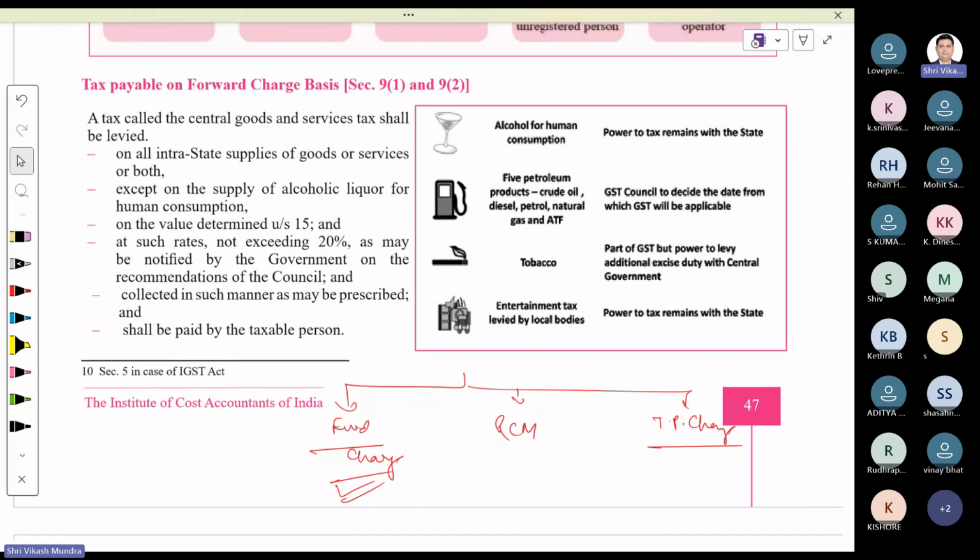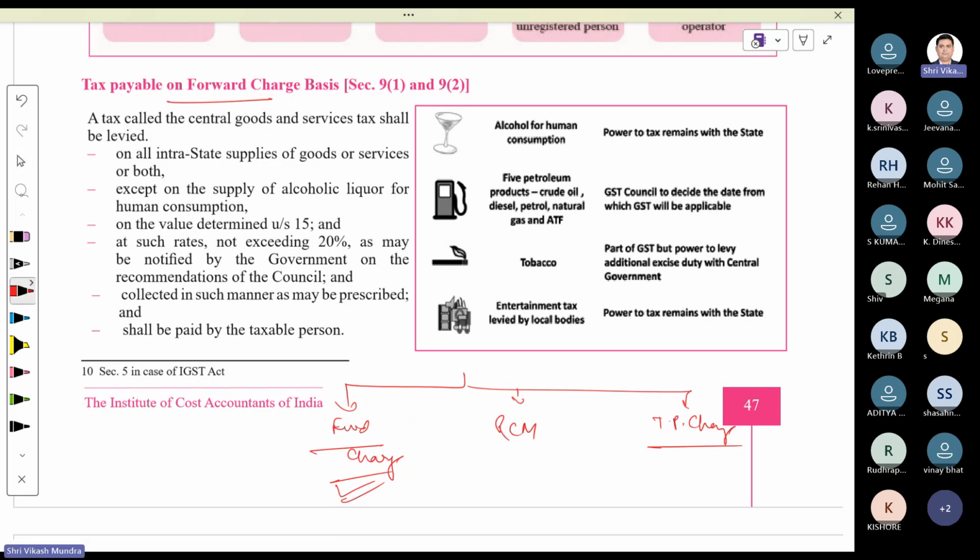That's why loosely I'm using the word third party charge. We can term it an e-commerce operator, but for better understanding, I'm using it in this context as third party charge. Generally, it is applicable in case of e-commerce operator. Be careful, that is not for Amazon and Flipkart. It is for service providers.